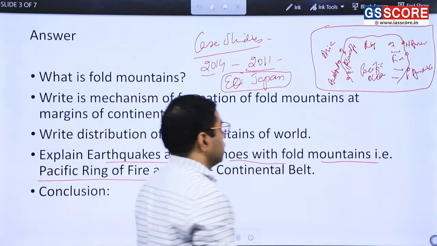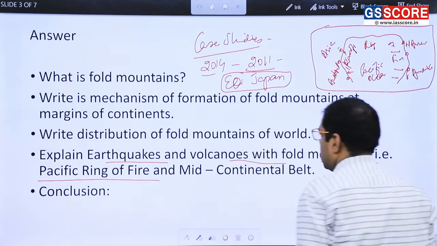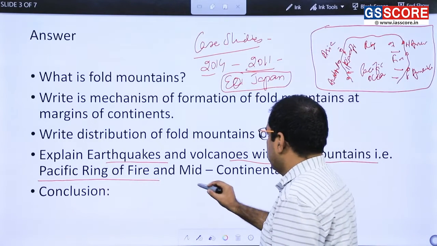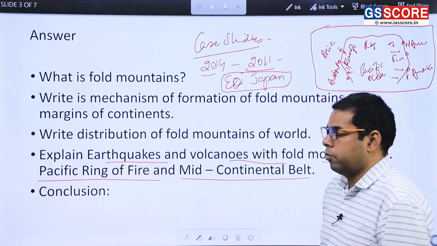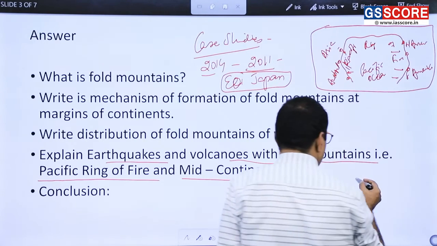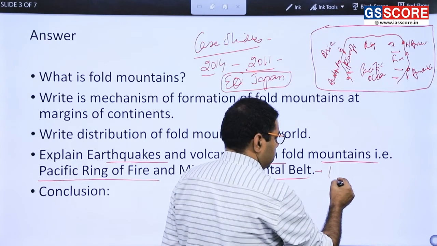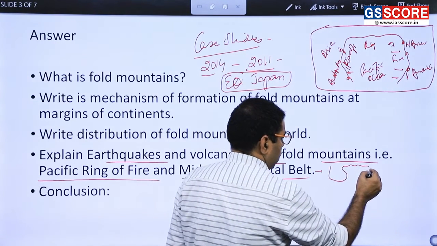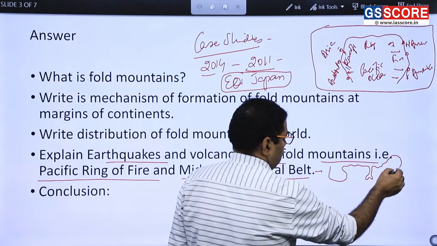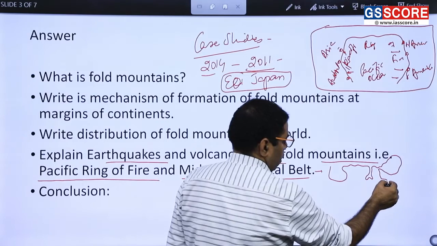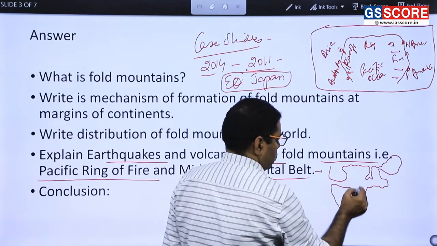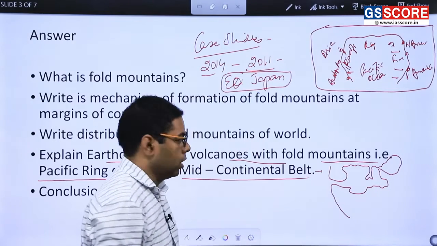Now volcanoes we have discussed here, these are the types of volcanic peaks. Then after, the mid-continental belt is the zone between, here you can draw, this is easy to draw, this is the Mediterranean Sea I have drawn, right.